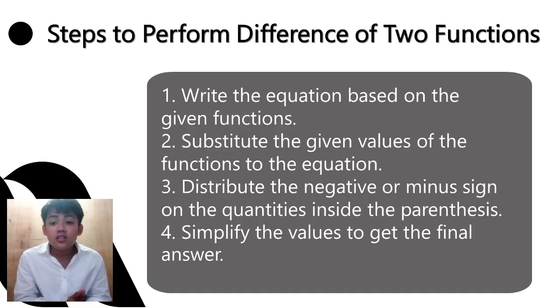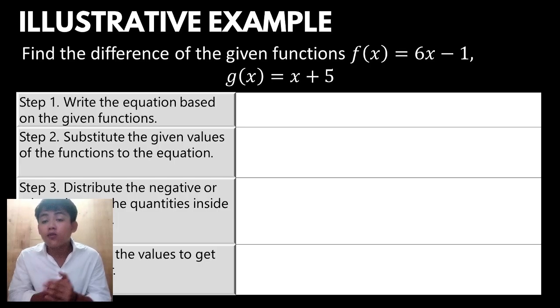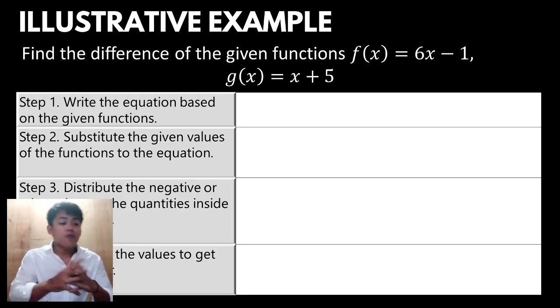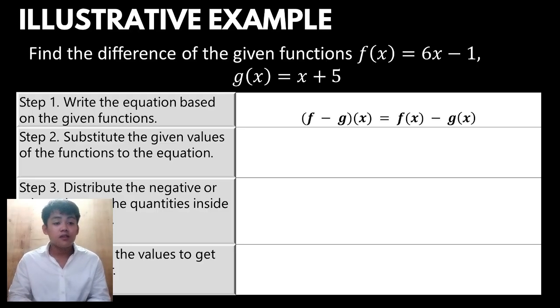So, are the steps clear, class? Yes, sir. Okay, very good. So now let's have our example. We have here the given function f of x is equal to 6x minus 1. Then for g of x, we have x plus 5. So, following the step-by-step procedure, first is to write the equation based on the given functions.